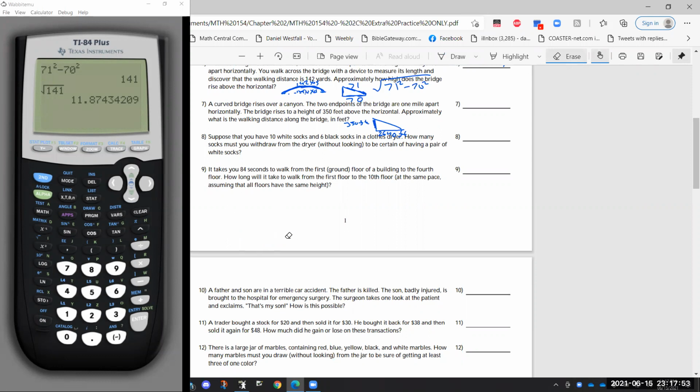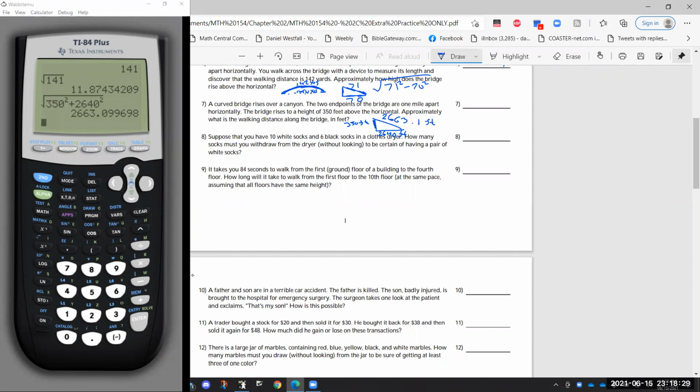Okay, so then we need to take the square root of 350 squared plus 2,640 squared, which is going to be roughly 2,663.1 feet.